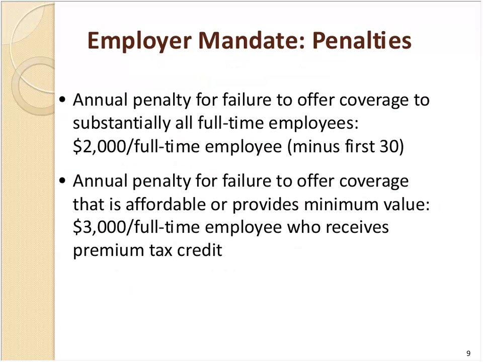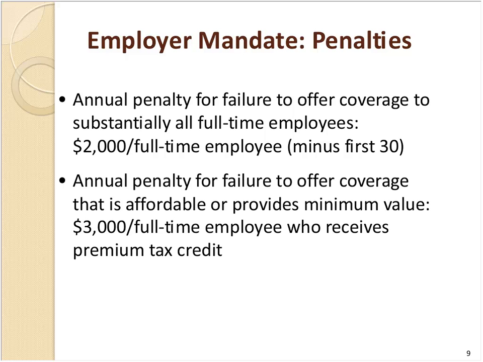The A penalty is $2,000 per full-time employee minus the first 30. Now, that penalty, at first glance, it seems like the A penalty of $2,000 per full-time employee might be better than the $3,000 per full-time employee B penalty. Well, that's not correct. The $2,000 per full-time employee is multiplied by all of the employer's full-time employees minus the first 30.